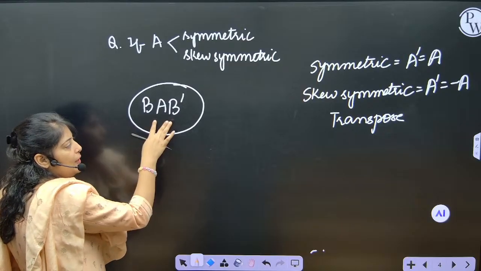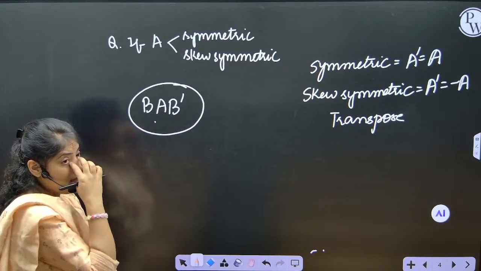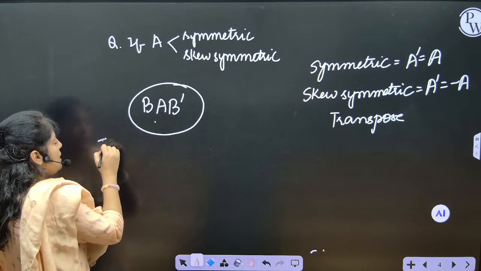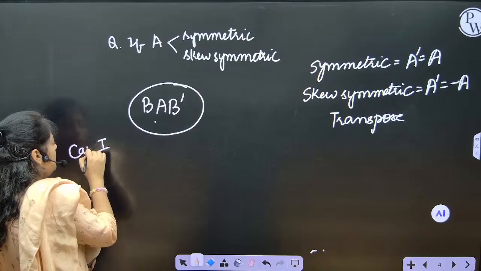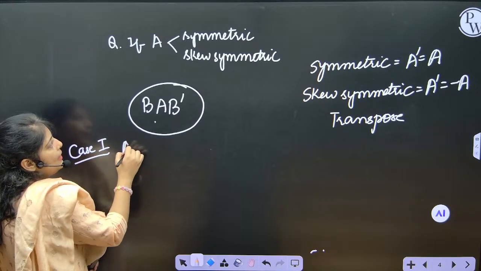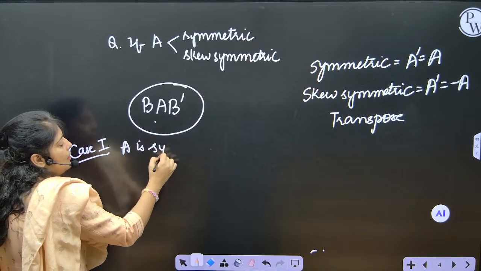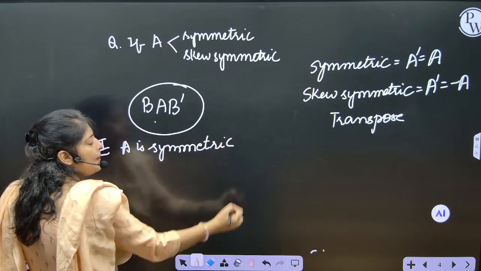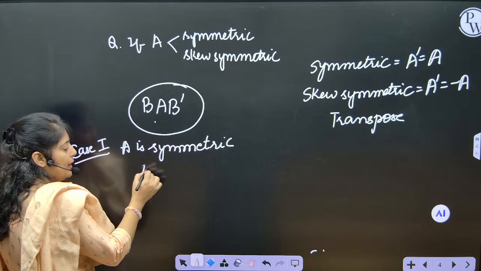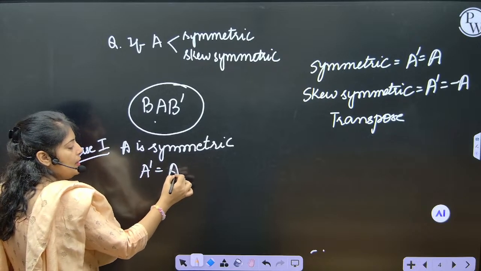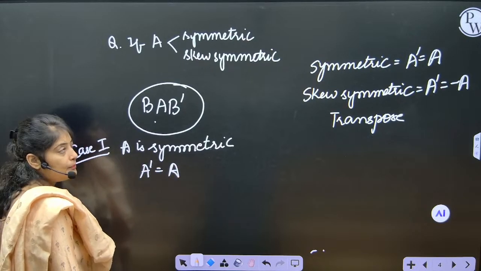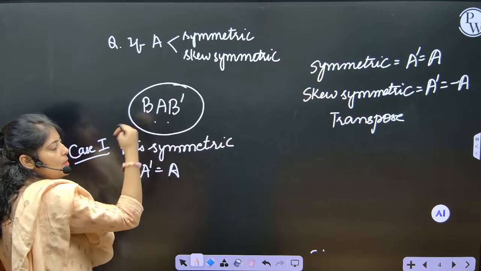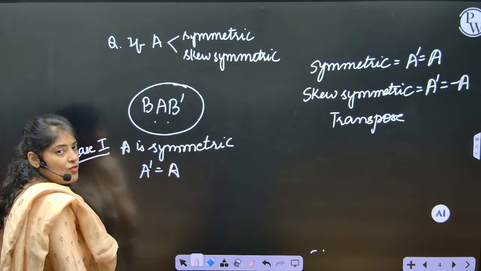Now what will happen to this? Try it once. Let the first case, case 1, be when A is symmetric. When A is symmetric, A transpose is equal to A. Now what will happen to this matrix? Is it coming out to be symmetric or skew symmetric?